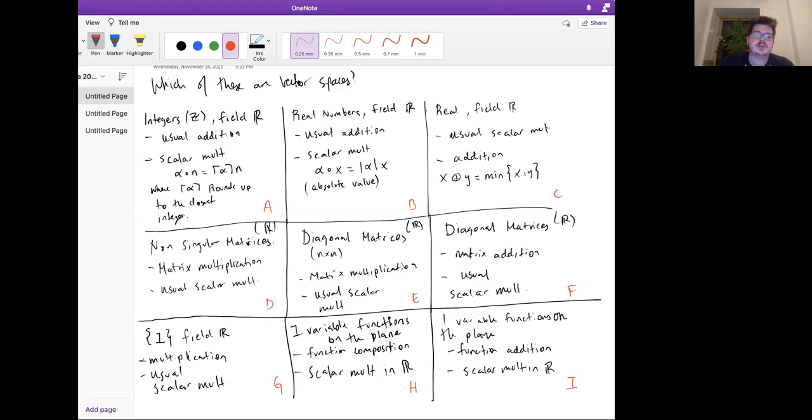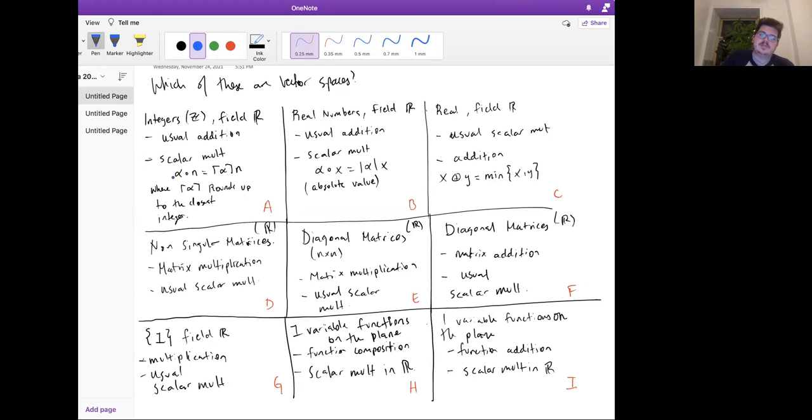We're continuing our discussion on vector spaces, and I have a couple here to figure out if they're vector spaces. So why don't we start with the first one, A. We have our set as integers, and our field is the real numbers, and our binary operation is just normal addition, and our scalar multiplication is defined this way.